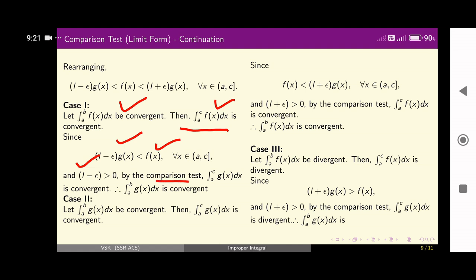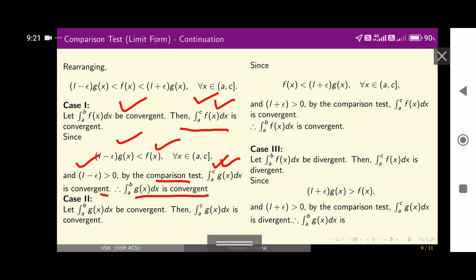So by comparison test, the integral from a to c of g(x) dx is also convergent, because in some sense g(x) is dominated by f(x). So this implies that the integral from a to b of g(x) dx is also convergent.